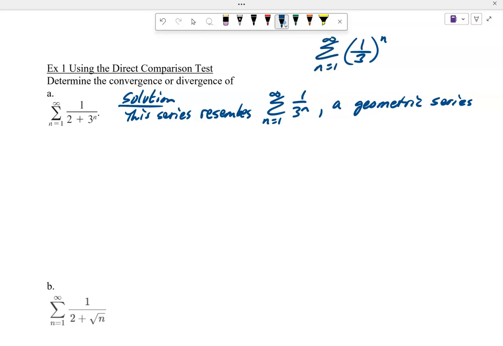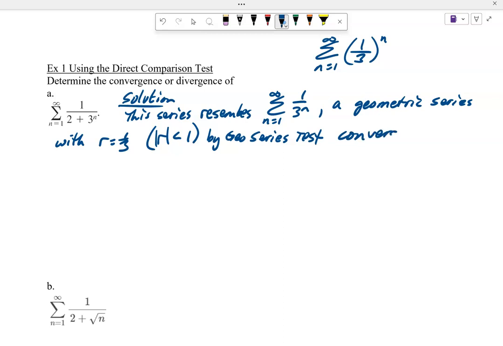So it's 1/3 to the 1, plus (1/3) squared, plus (1/3) to the third, and so on. So our common ratio is a third, and since that's less than 1, by the geometric series test it converges. All right, we know this 1 over 3 to the n converges by the geometric series test.